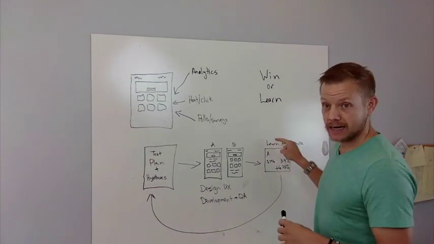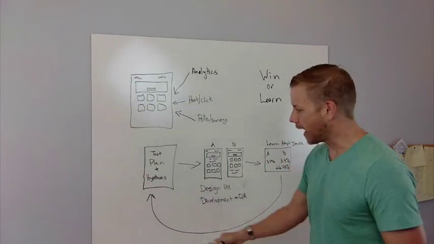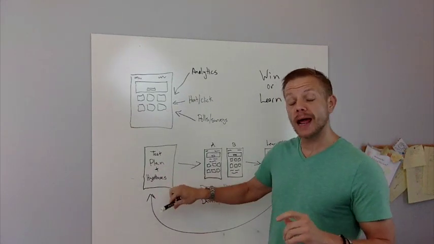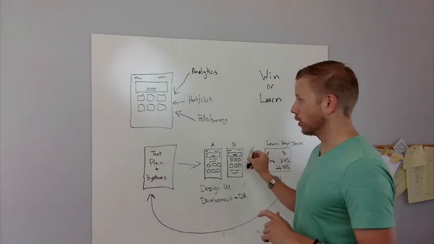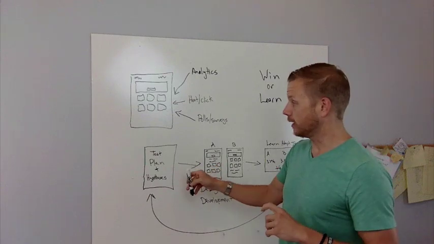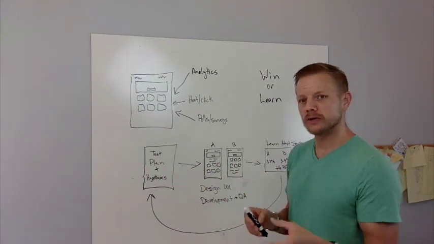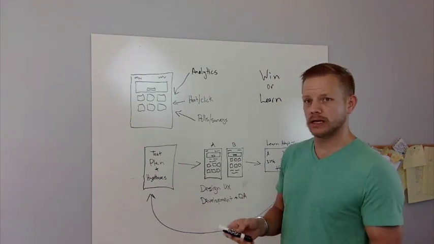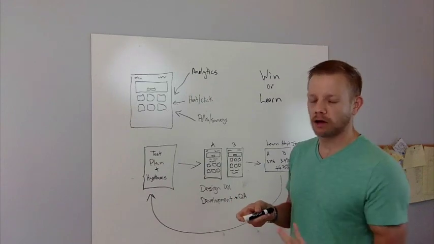So we want to iterate, report on that, figure out what we learned from it, and then either come back to our test plan and create new ideas or new strategies based on those results going forward. Or maybe we find out that there's a different problem. Maybe we increase the click-through from a catalog page on an e-commerce store to the product detail page, but now we have an add to cart issue.